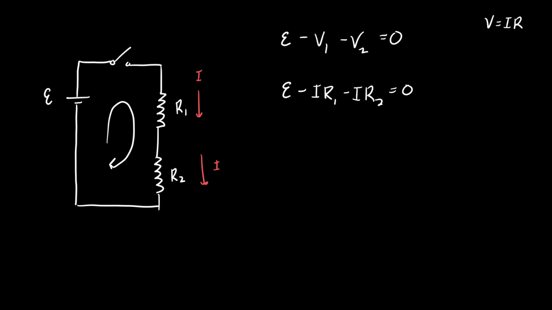Good so far? All right. Again, I'm trying to get an equivalency, so I'm going to move IR for each of these to the other side and get my EMF equals IR1 plus IR2. And then I'll factor out the I and then divide it on both sides.